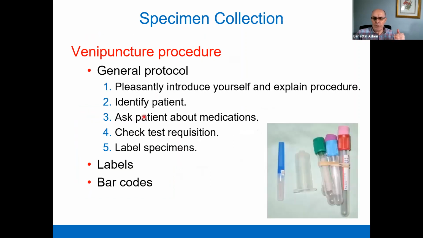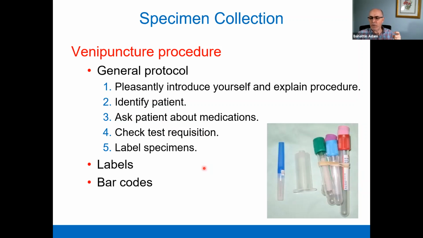Now, the general protocol for collection of the specimen for venipuncture. First, pleasantly introduce yourself and explain the procedure to the patient. This is the first step. Then identify the patient with at least two identifiers, and ask the patient about medication.